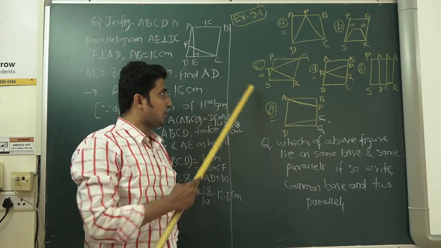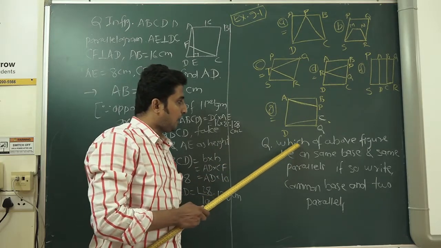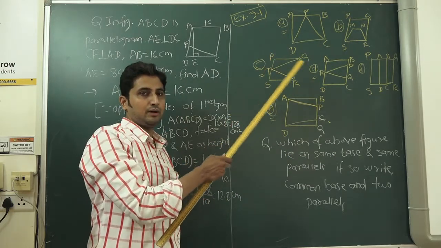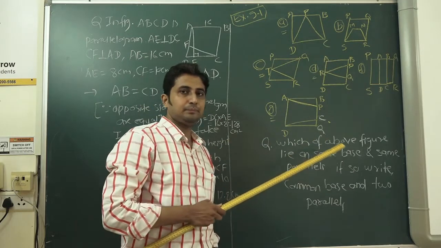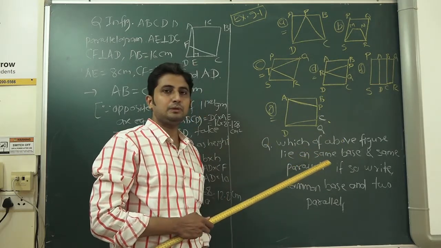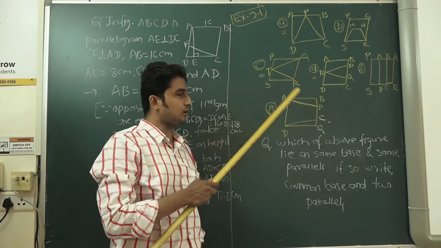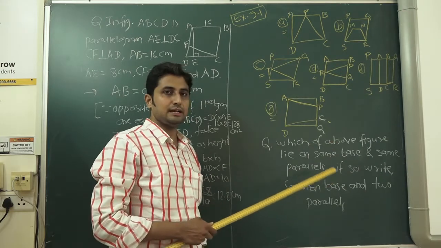On the basis of these figures we ask this question, and this question is to be solved by using the basics of the quadrilateral. Before solving this, I request you, please read all the definitions, learn them, and then try to solve the exercise.